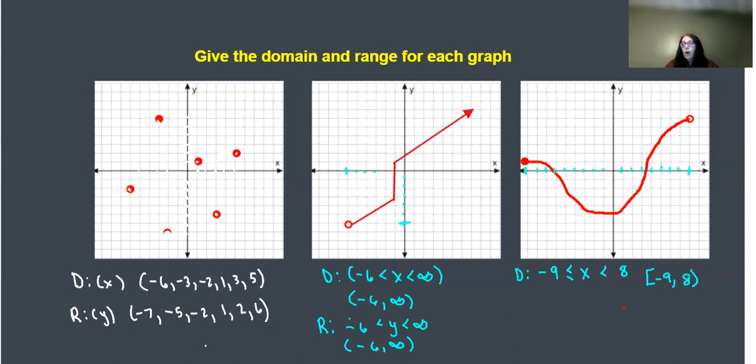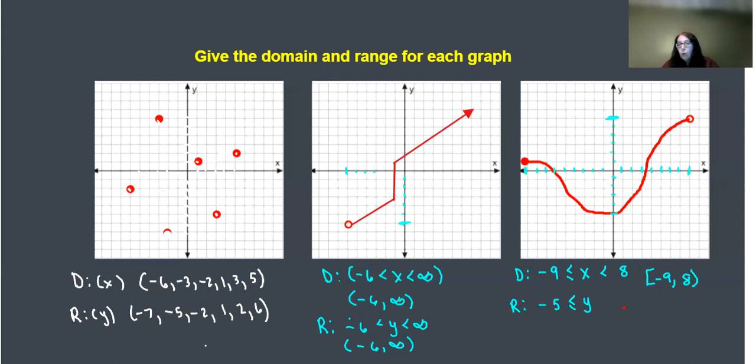Now let's take a look at how high and low it goes. The lowest point seems to be right here, and the highest point is right there. So 1, 2, 3, 4, 5 below. So -5, and that's closed. There's no open circle there. We're talking about range, which is y. And the highest point is 1, 2, 3, 4, 5, 6.